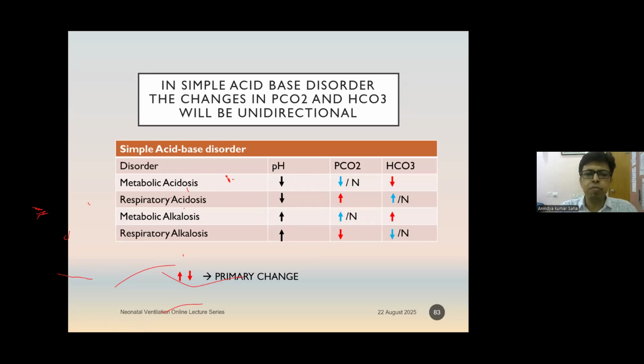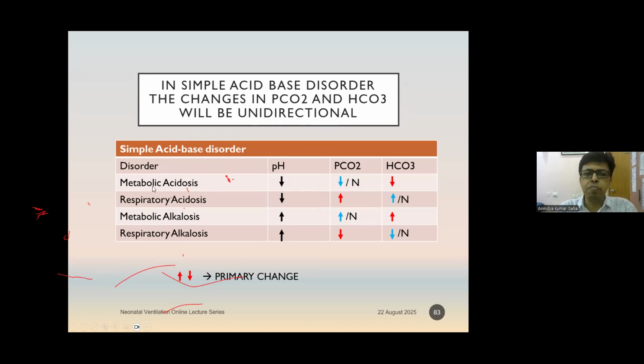In case of metabolic acidosis, the normal response is pH is low and the primary change is bicarbonate is low. Similarly, if PCO2 is also low or normal, the direction is unidirectional, so it is a simple acid-base disorder. Is it clear?